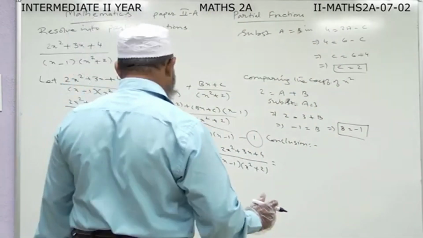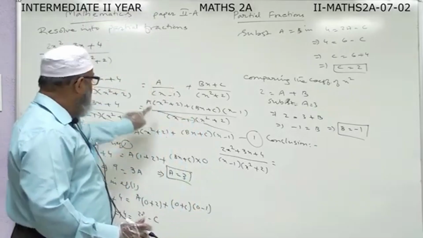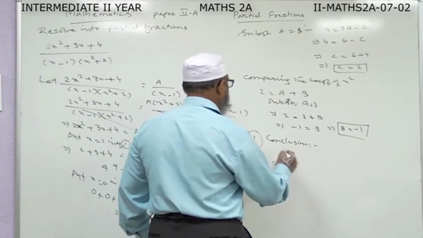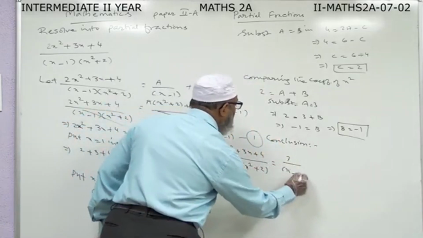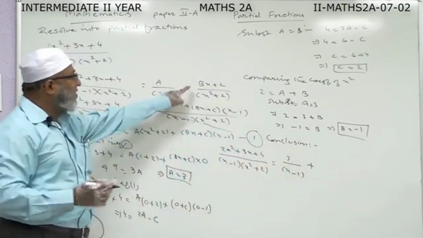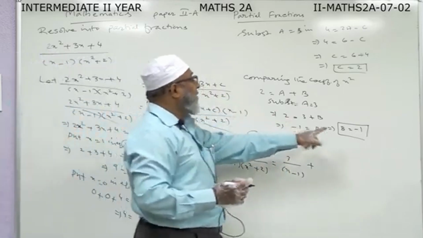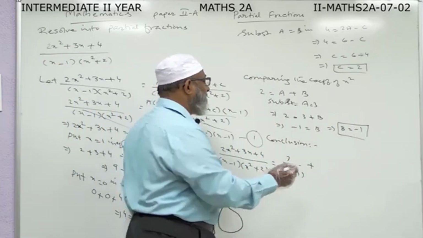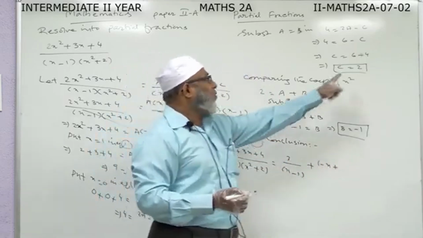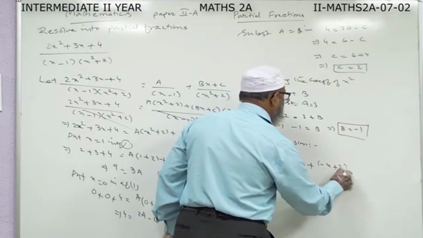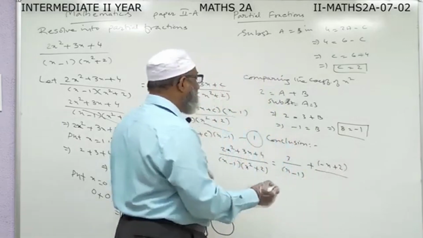Substitute the values of a, b and c in this part. What is a? 3. 3 by x minus 1 plus bx plus c. Where b is equal to minus 1, minus 1 into x is nothing but minus x, plus c. What is c? 2, divided by x square plus 2.